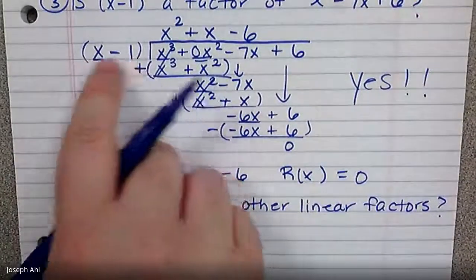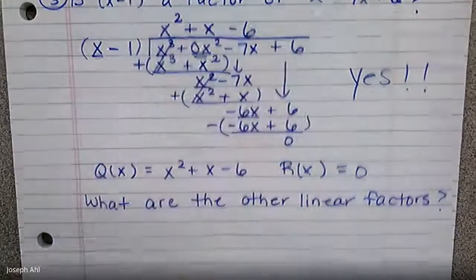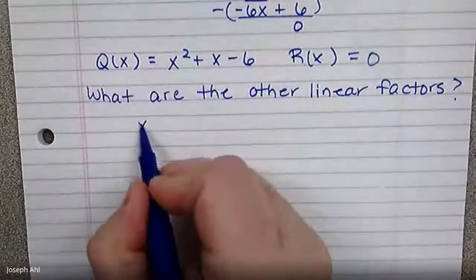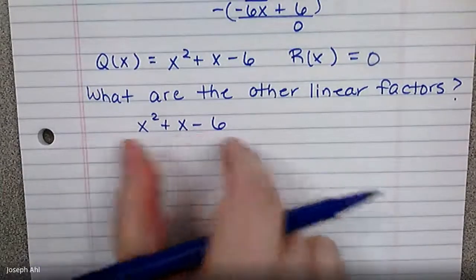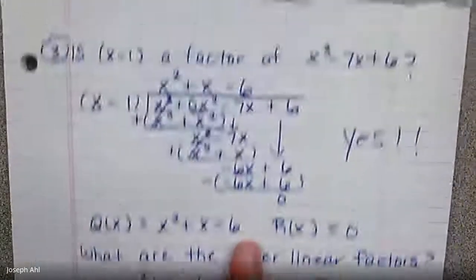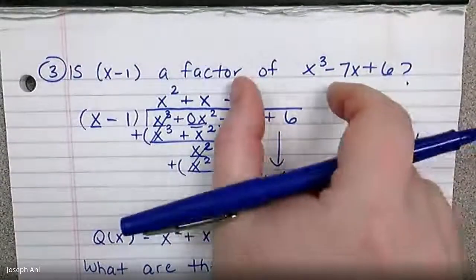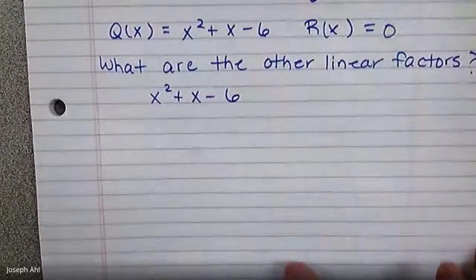We know that one linear factor is x minus 1, that divides in evenly to the cubic. Well, if I take the remaining quadratic, x squared plus x minus 6, I can hopefully break that down into 2 linear factors such that I can express this cubic polynomial in terms of 3 linear factors that would multiply to give you that cubic.